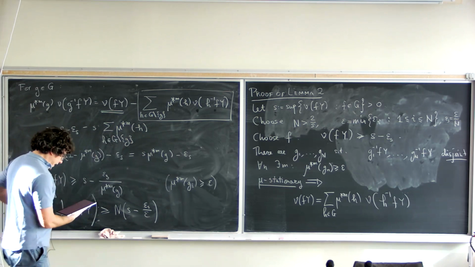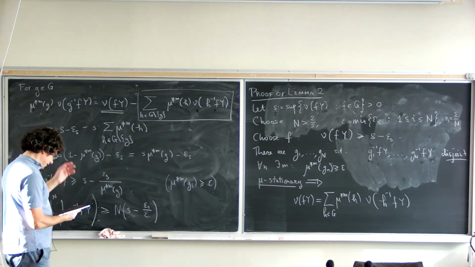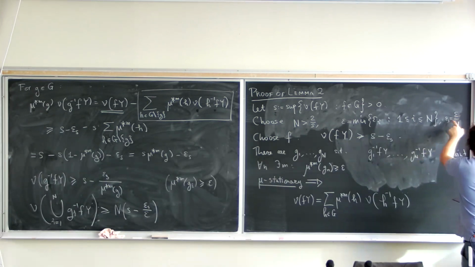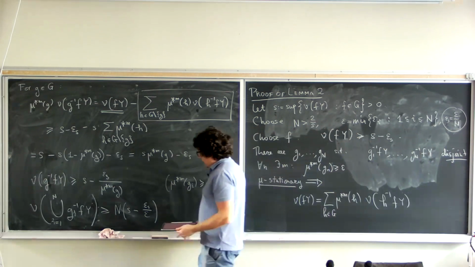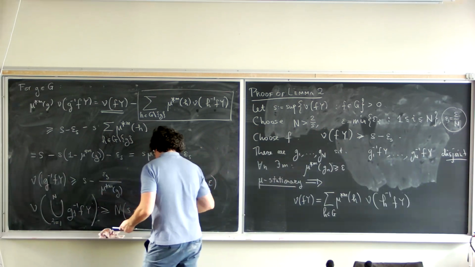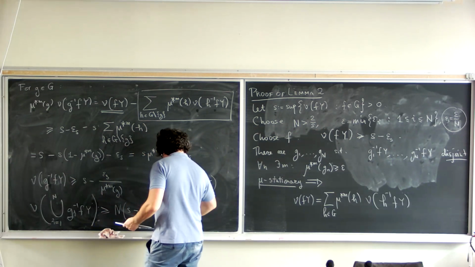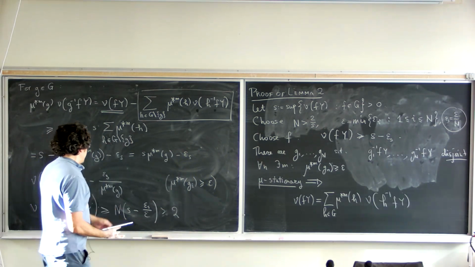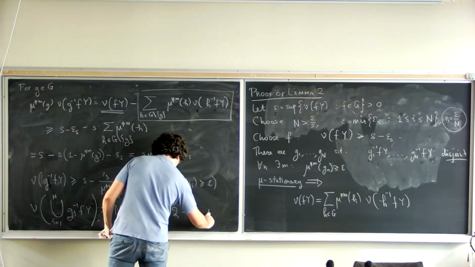Rightly so, we chose things such that epsilon S over epsilon is 1 over n, and nS is bigger than 2, strictly bigger. That's the other thing that we chose. And n epsilon over epsilon is 1, so minus 1.